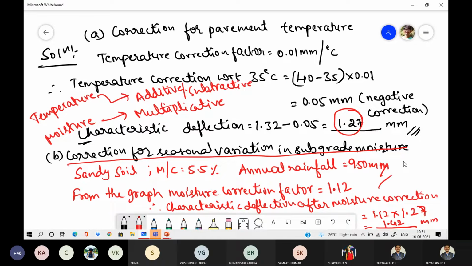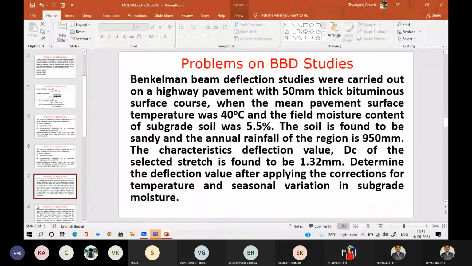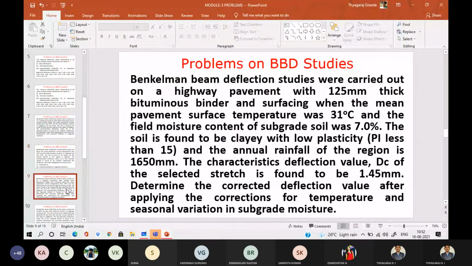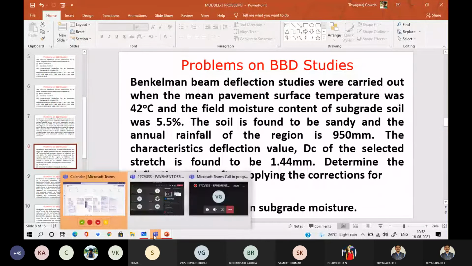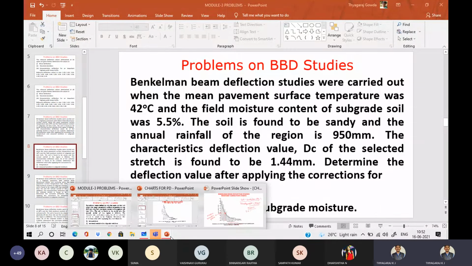I have written this one. Completed? Yes, sir. Okay. Now we will move for next problem. Kindly note down the next problem. Kindly note down. I will unmute from here only. Kindly note down.